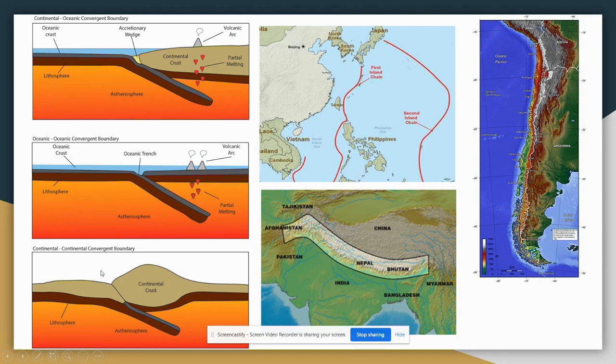Another option is when you've got two continents running into each other. Well, the deeper, thicker part of that continent will get shoved underneath the other continent.